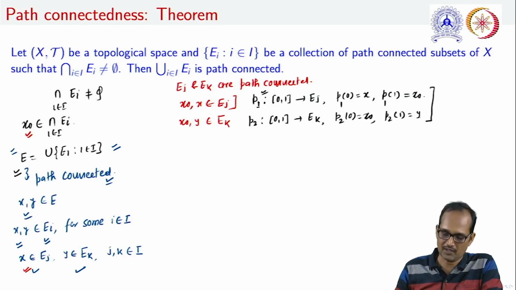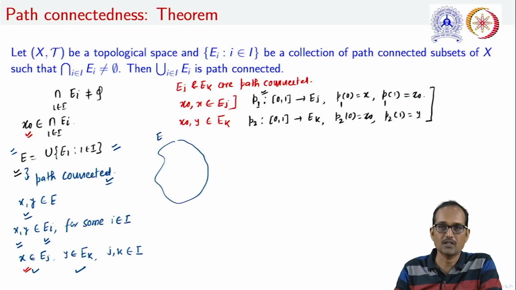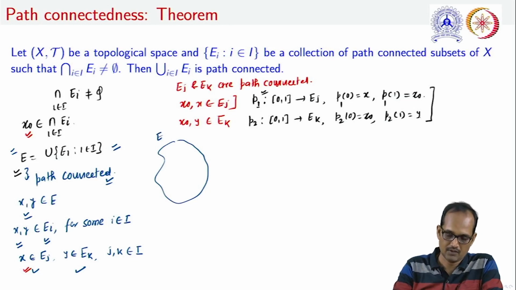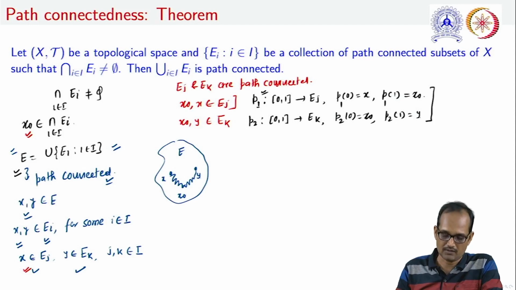So what we have shown here is that if we are taking this set E, that is the union of all these E_i's, then for any x and y in E, there exists some path from x to x_0, and also there exists a path from x_0 to y.